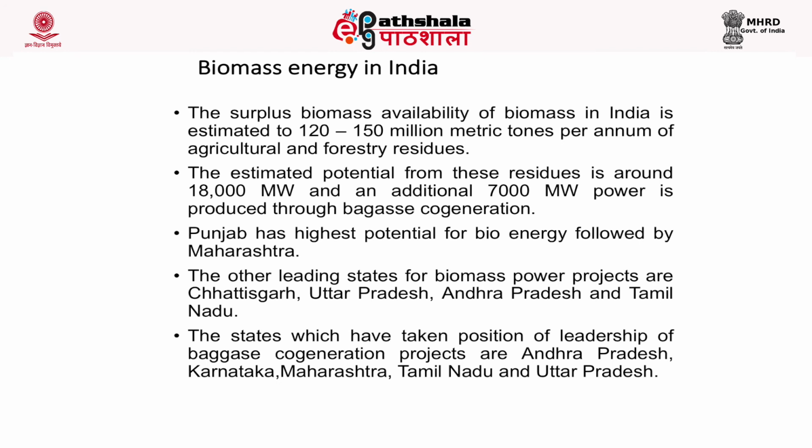Punjab has the highest potential for bioenergy, followed by Maharashtra, and other leading states for biomass power projects are Chhattisgarh, Uttar Pradesh, Andhra Pradesh and Tamil Nadu. The states which are leaders in bagasse cogeneration projects are Andhra Pradesh, Karnataka, Maharashtra, Tamil Nadu and Uttar Pradesh.